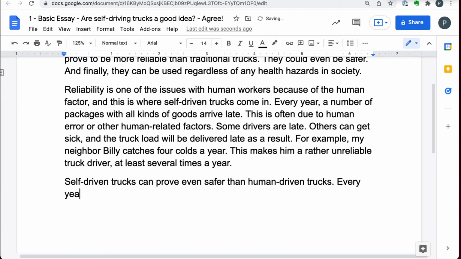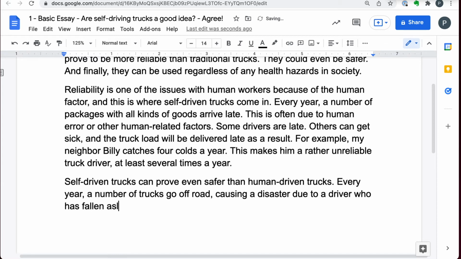Every year, a number of trucks go off road, causing a disaster due to a driver who has fallen asleep.